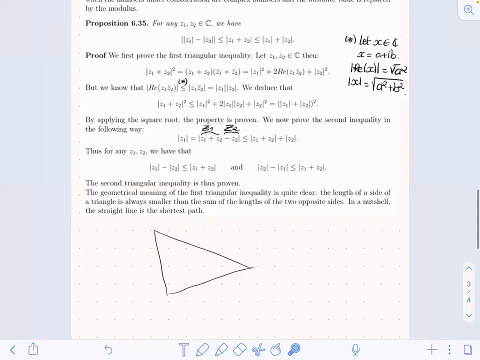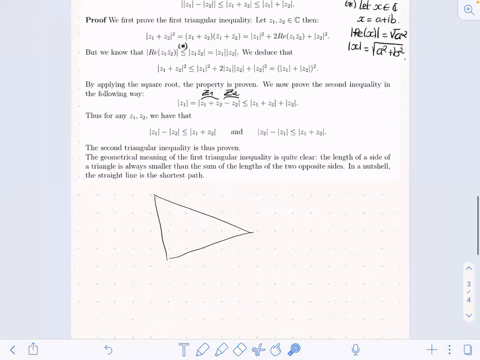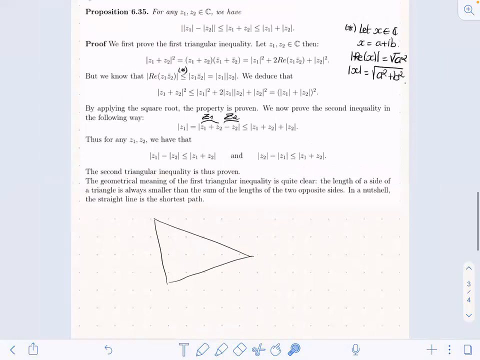So if you put yourself into, for example, the complex plane, this is a vector. You can compute the length of this vector and the length of these 2 vectors, and this property basically holds. So the first one has a geometrical interpretation. I'm not sure about the interpretation of that one, but it's a useful property as well.